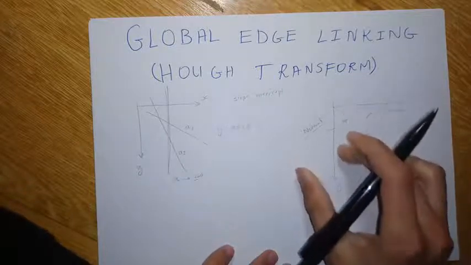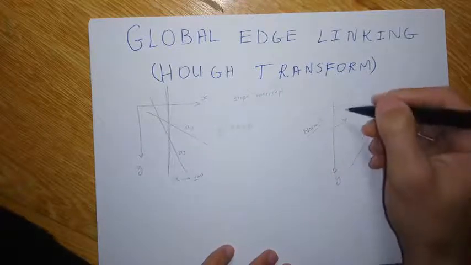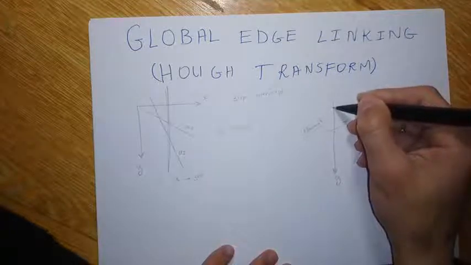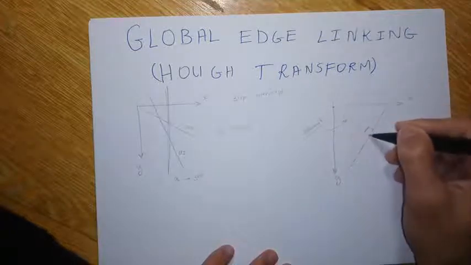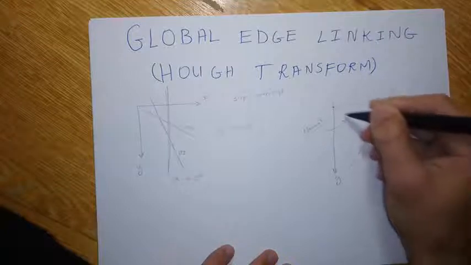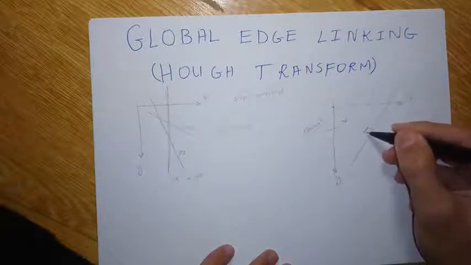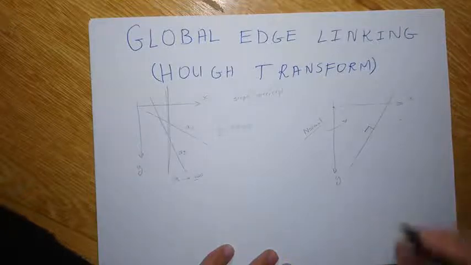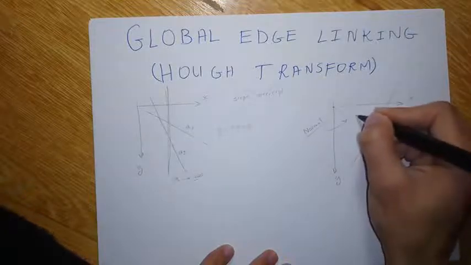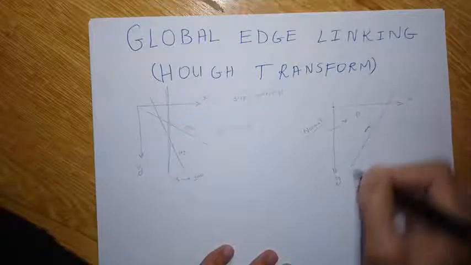This normal is actually a distance, right? This distance is evaluated from the origin to the point where that normal is perpendicular. It has to be perpendicular, otherwise this is wrong. This distance is given by rho, and sometimes d.